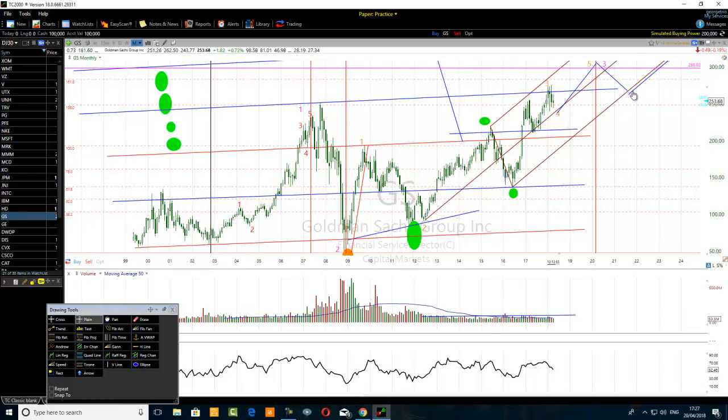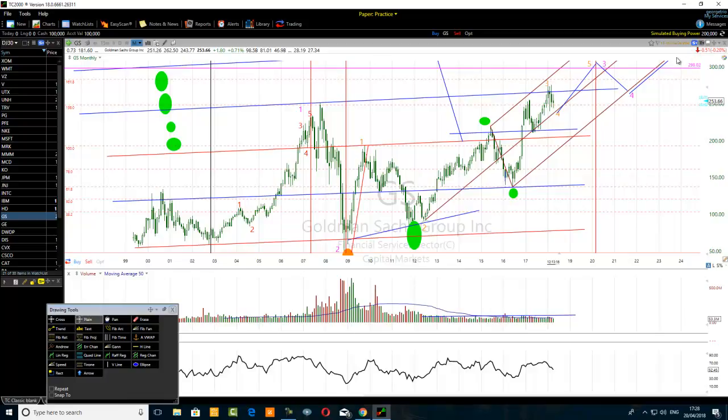So reality. When that new trend is completed, right here we'll have the fourth wave of a higher degree and the fifth wave of a higher degree. The fifth wave of a higher degree, the big one, 2, 3, 4, 5, is in uncharted territory somewhere up there.